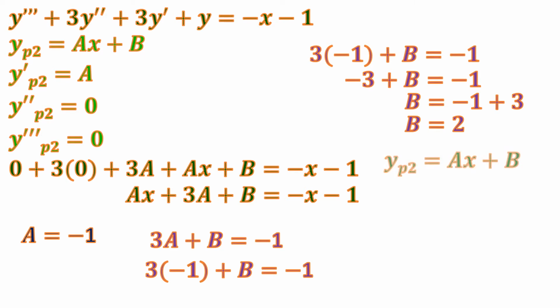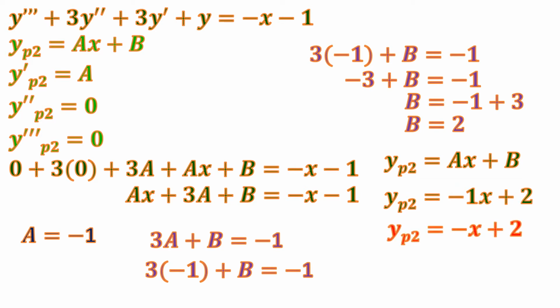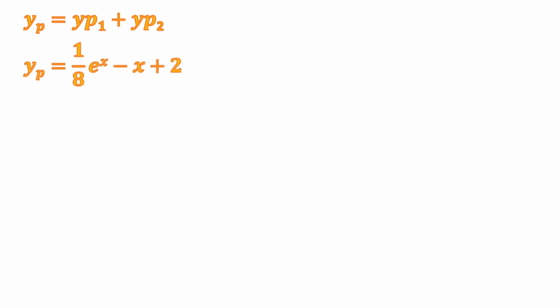So we will solve now for yp2. So let's substitute. So yp2 is -1x plus 2. And we can remove the 1. So it's going to be yp2 equals -x plus 2. So let's have now the yp, which is yp1 plus yp2. So yp will be 1/8 e to the x plus the yp2, which is -x plus 2.